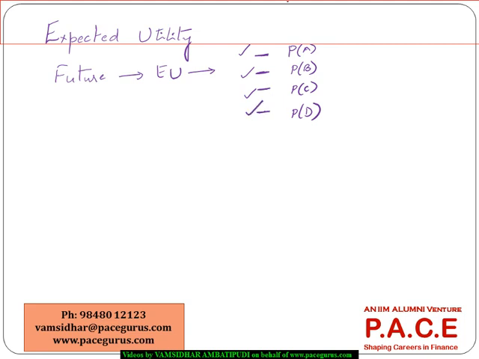If it's an utter flop, the wealth may become this much. So based on our expectations about the movement of that particular investment in the future, we are trying to find the expected utility of the particular customer towards a particular form of investment. So we are trying to express this utility function.